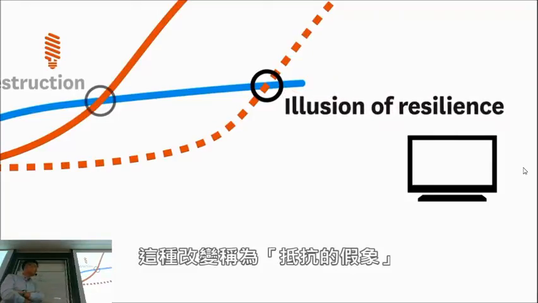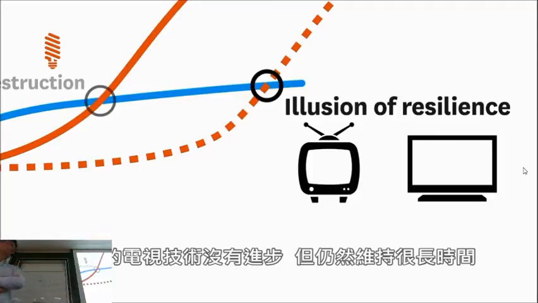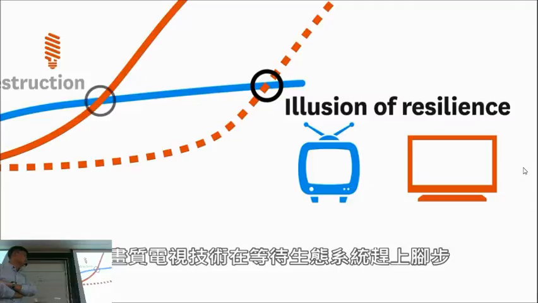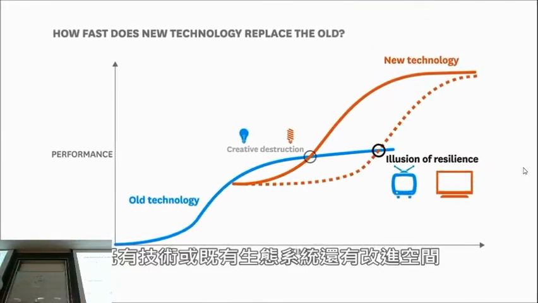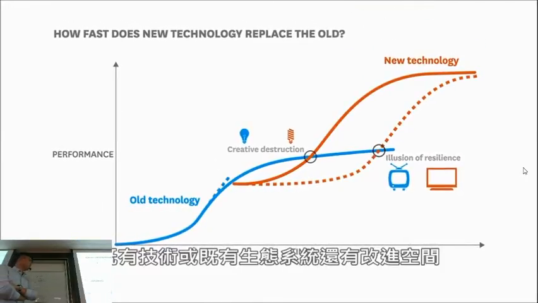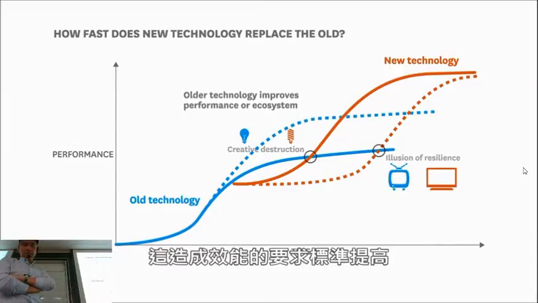This shift is called the illusion of resilience. Old TV technology wasn't getting any better, but still held its ground for a long time, while HD TV technology waited for its ecosystem to catch up. There's also a third scenario to contend with. When there's room for improvement in either the existing technology or its existing ecosystem, that raises the bar across the board.